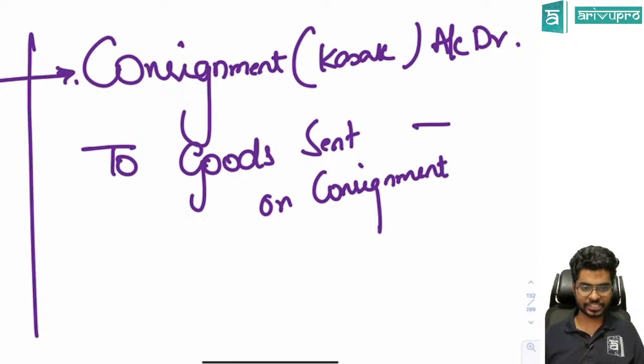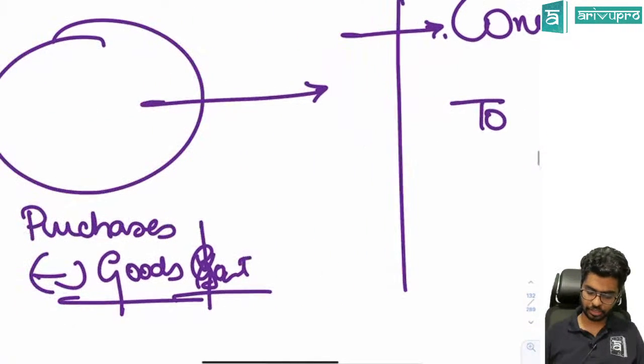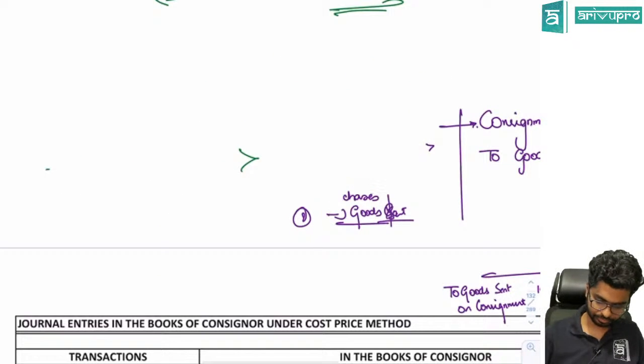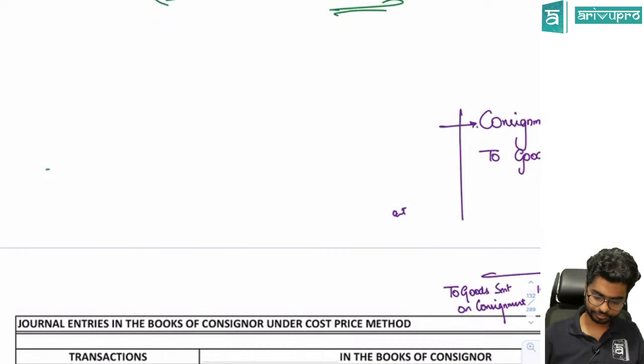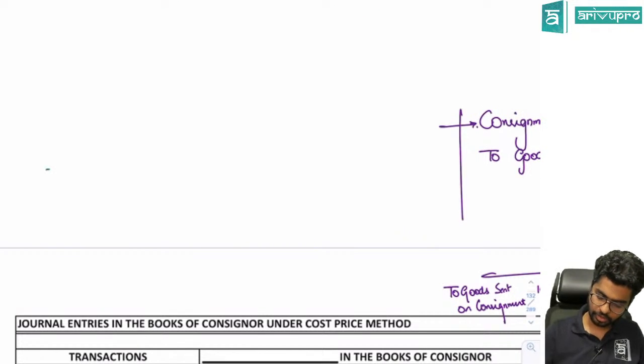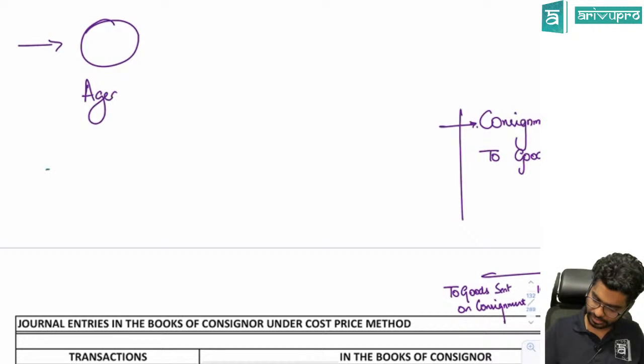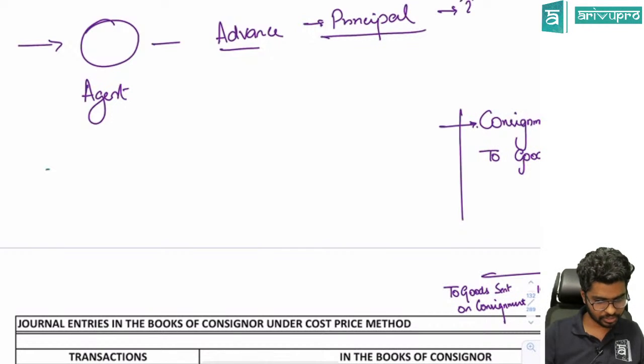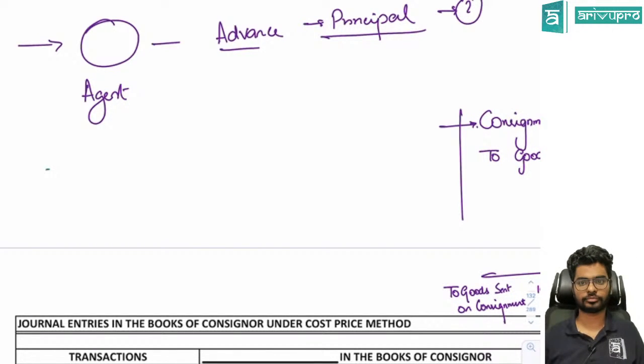Okay, then the next one. Did you understand this one? Now what happens is, once you send goods to the consignee or the agent, he will pay an advance to the principal. He'll be sending advance money to the principal.